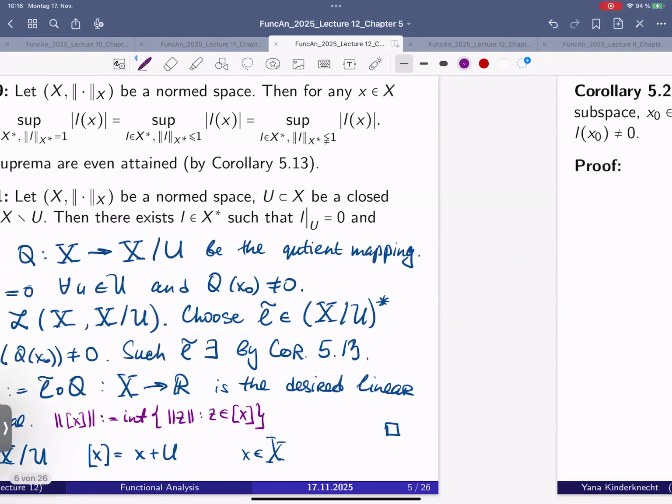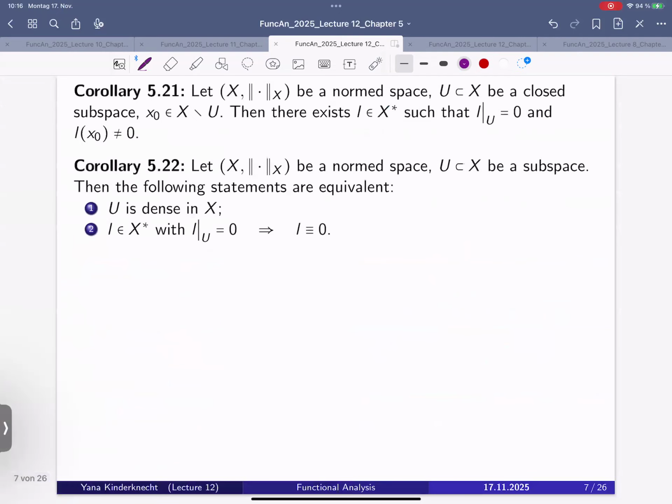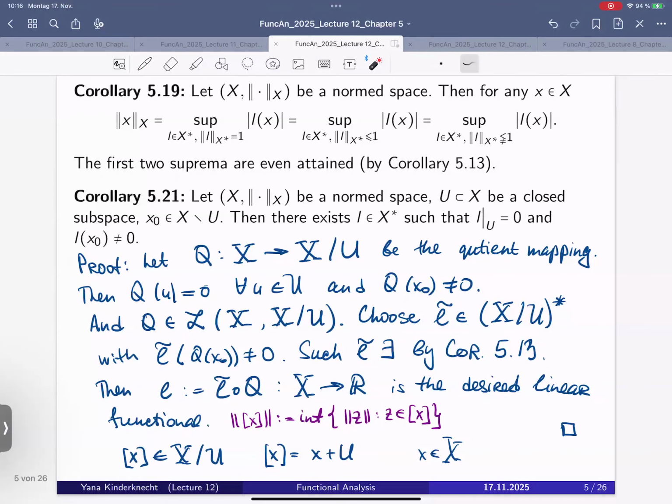Okay, so let us go further. Corollary 5.14. Let X be a norm space, U be a subspace. Now not necessarily closed. So this closedness was exactly in order to obtain this quotient to be a normed space.